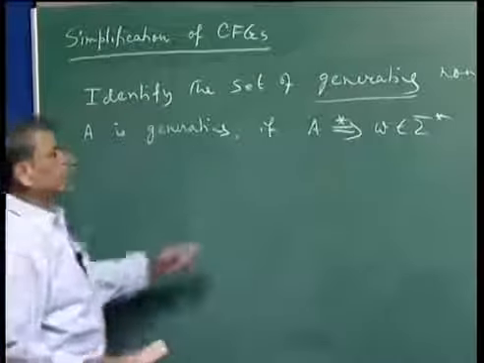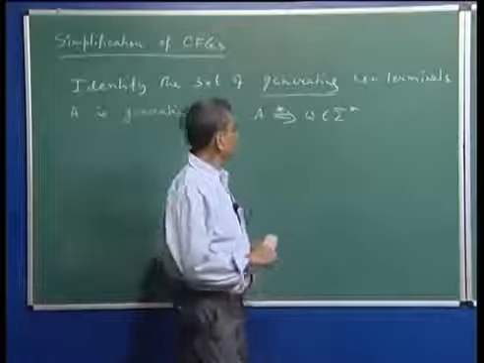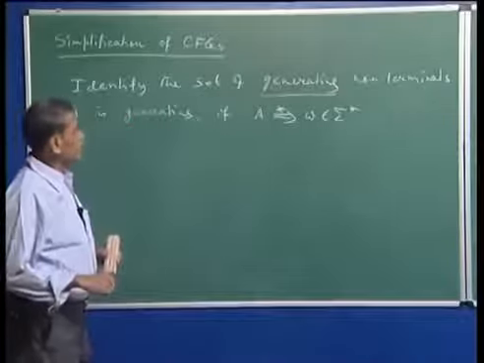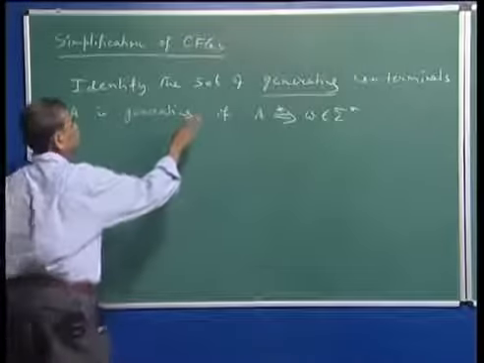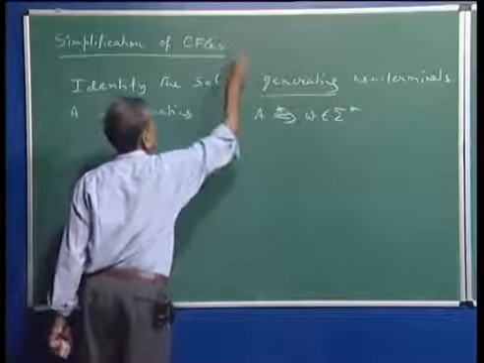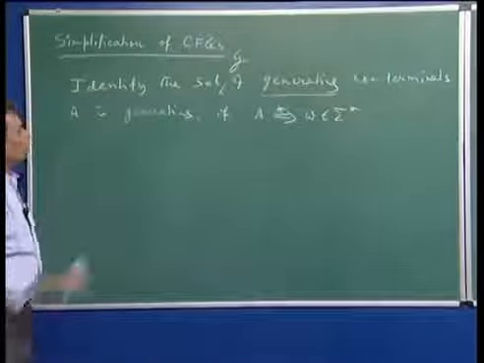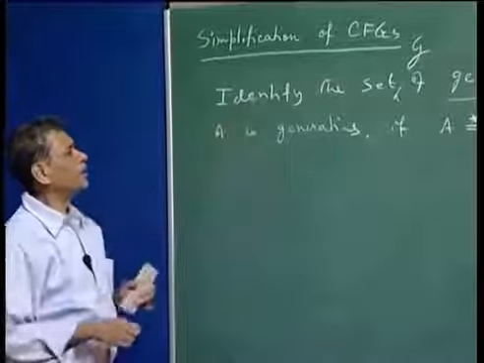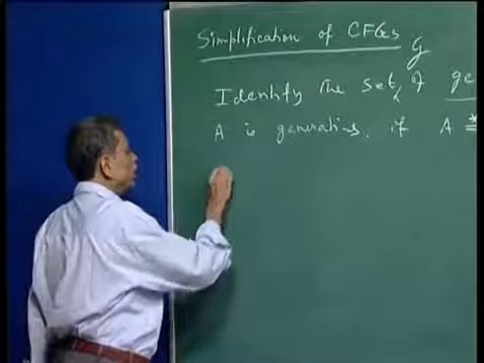Starting from A, you can reach a string of only terminals. That is a generating non-terminal. So, this set of generating non-terminals, I am calling it script G.